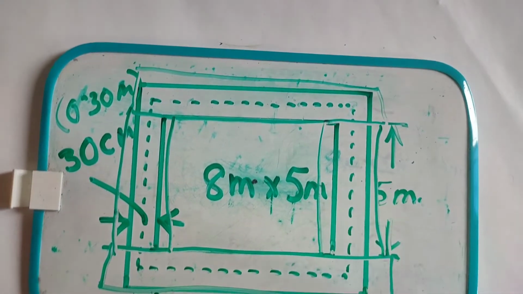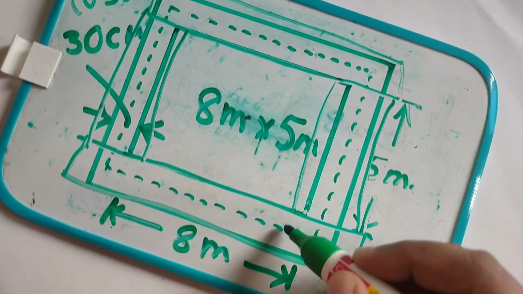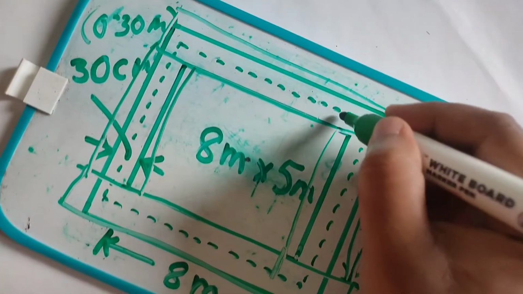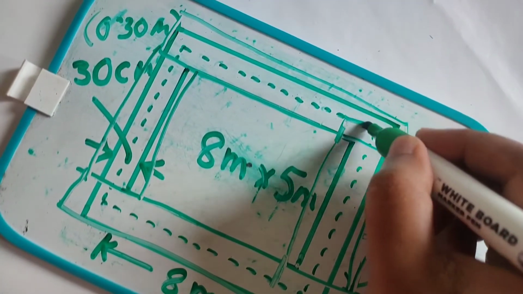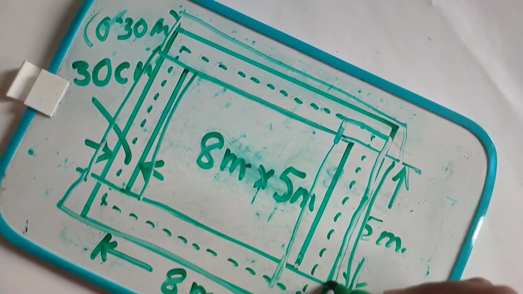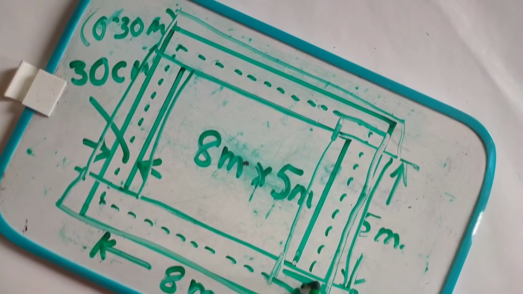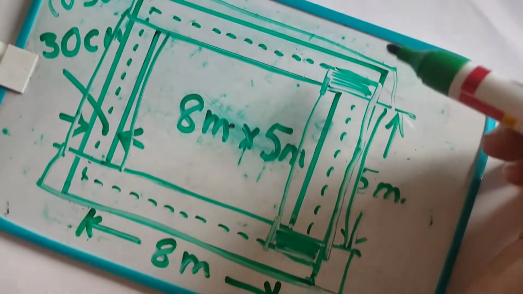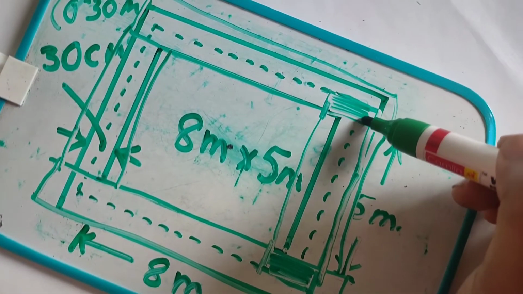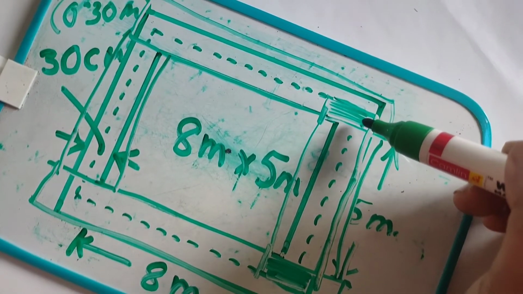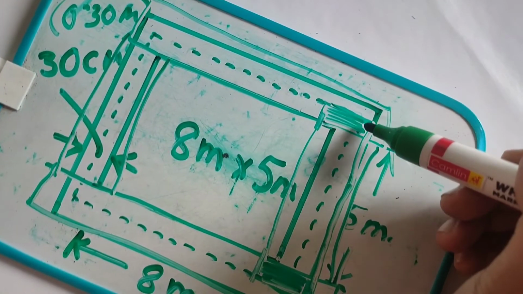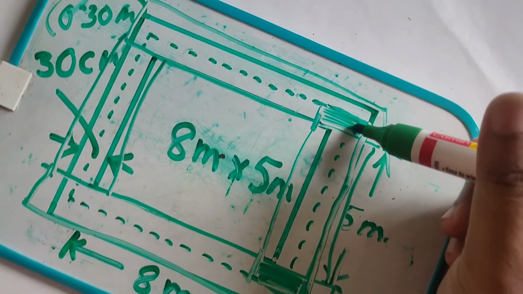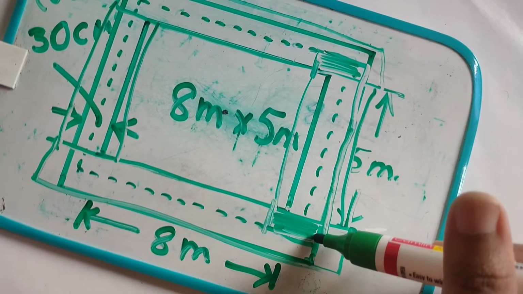The part starting from here to here, like this. This portion is also considered. Here if the thickness is 30 centimeter, we will consider 15 centimeter, means 5 plus 15 here and 15 on this side also.